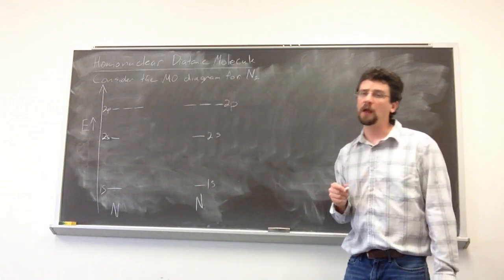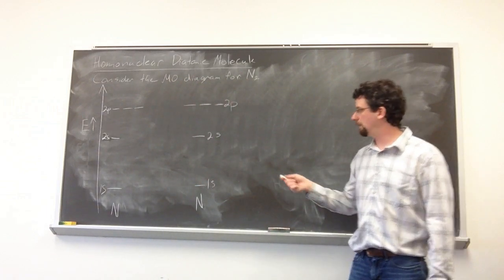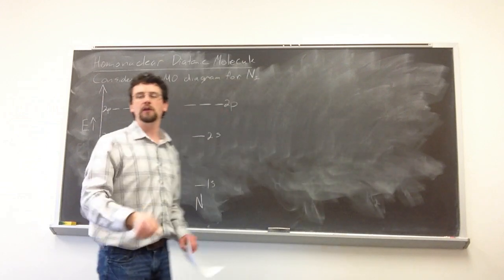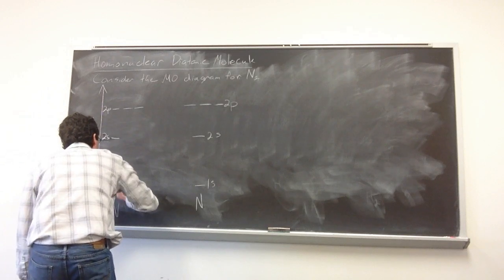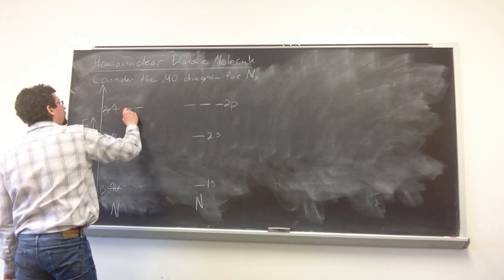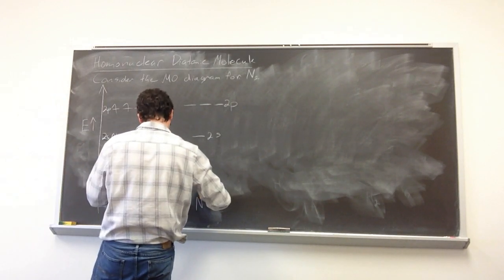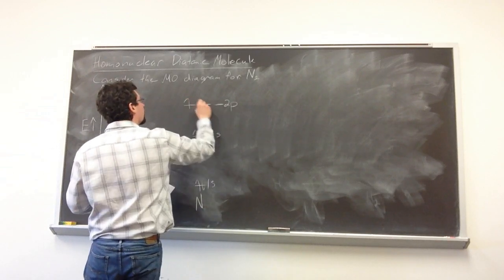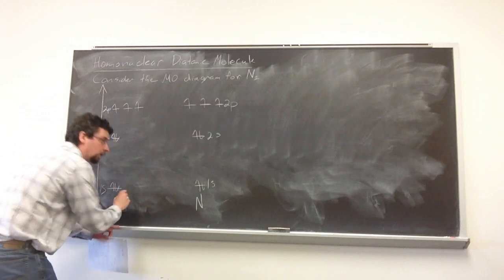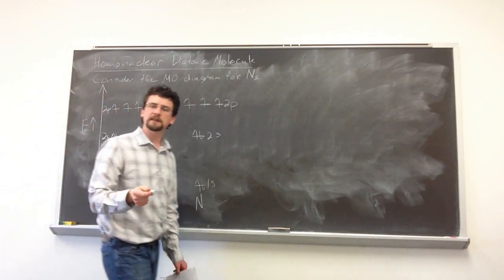We've seen the overlap between s orbitals before. We know we're going to make sigma type interactions. We should fill in our electrons first though. With the 1s orbitals, there's going to be some overlap.